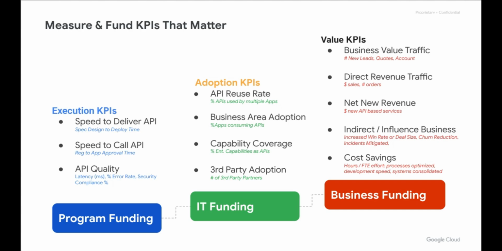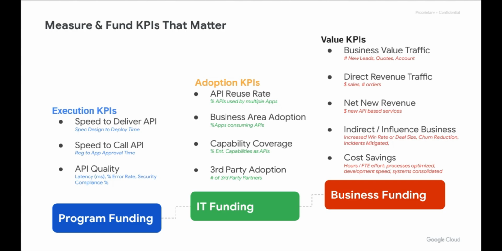So bringing this together, one thing that's absolutely critical to success is to make sure that you measure the right things and that you also fund the right things. So you need to measure and fund these KPIs that matter. We can look at program funding. So these then fit into the KPIs around our execution.